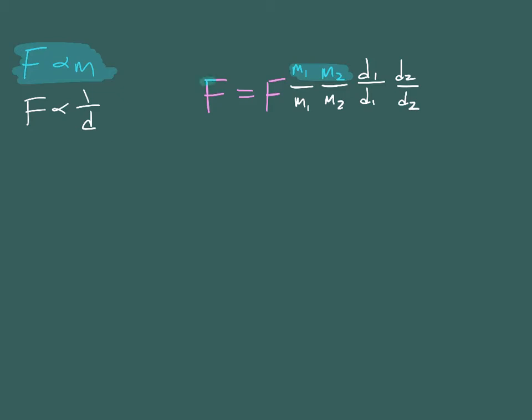We see that force is directly proportional to mass in that one. The inversely proportional to distance, we see that here. That's what it means to connect these two equations, or to connect the proportionalities with the equation.